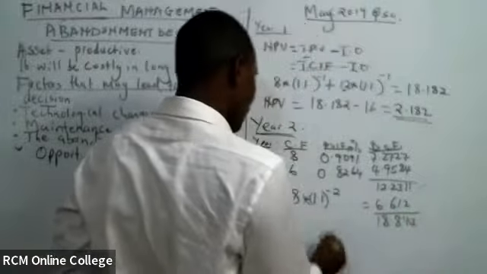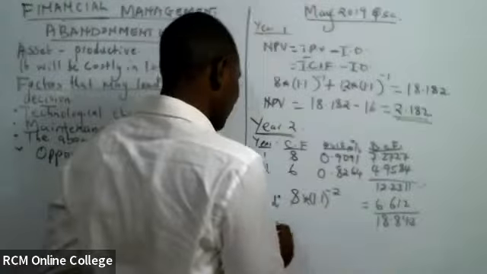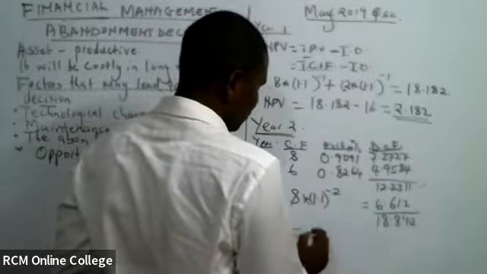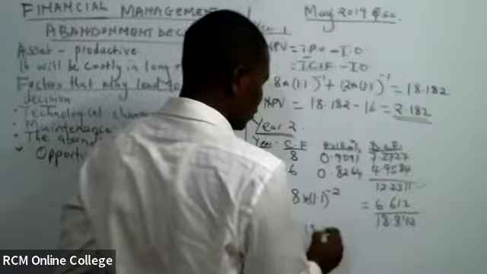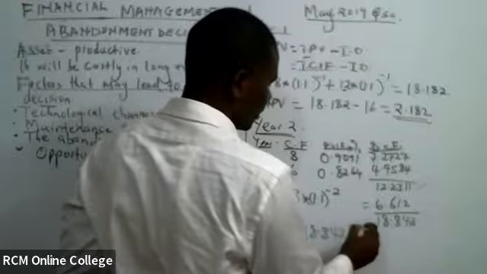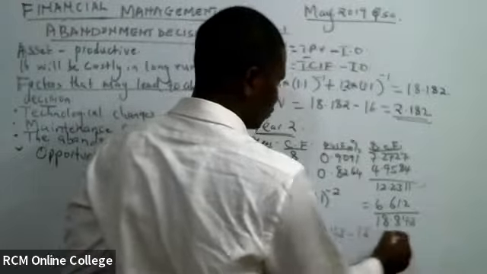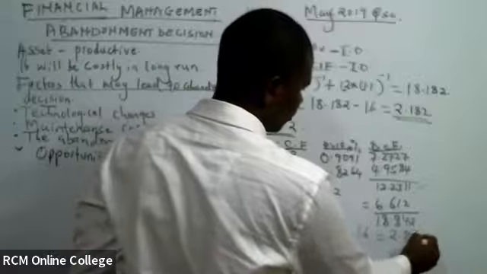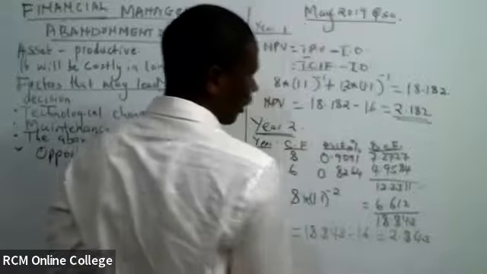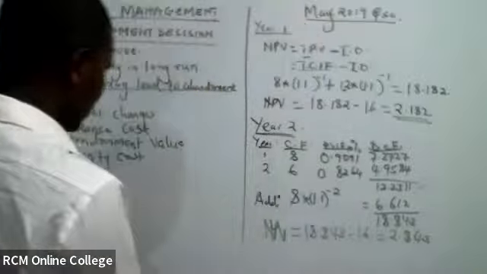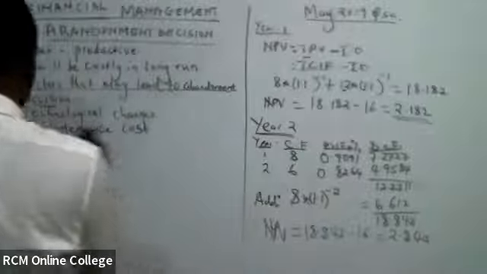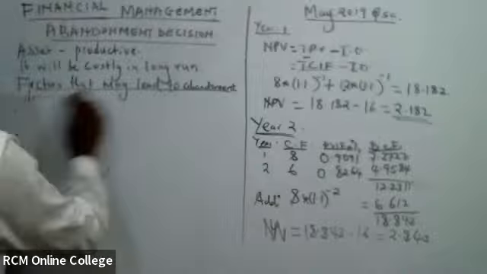So if I want to get the NPV at that time, it is 18.843 minus 16. This will give me 2.843.